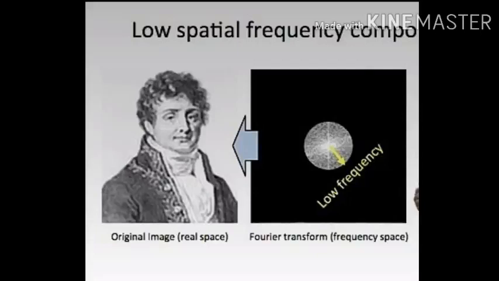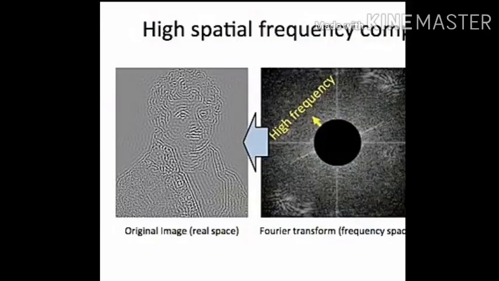Now we are looking at the higher frequency components only, and ignoring the low frequency components around the origin. Now we are able to see only the higher frequency components of the image. We are trying to reconstruct the image from the Fourier transform.